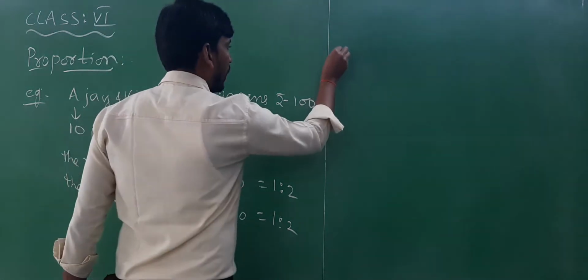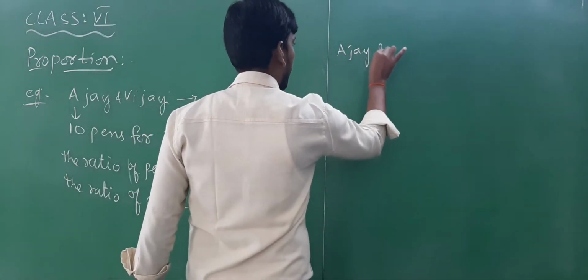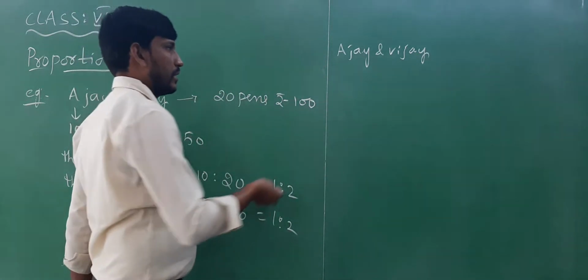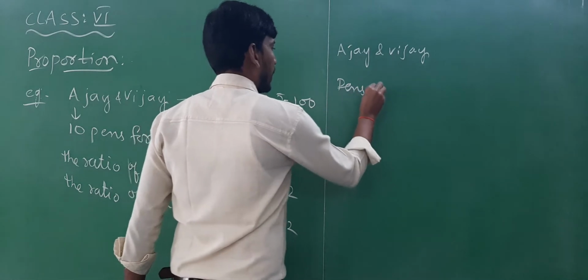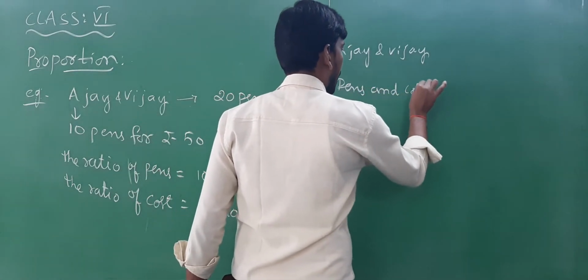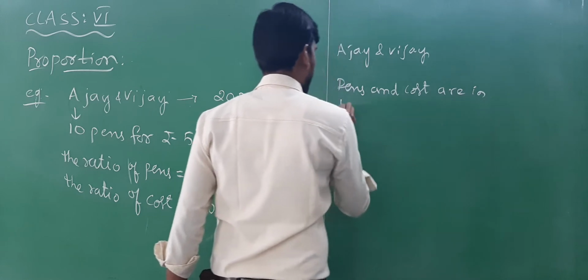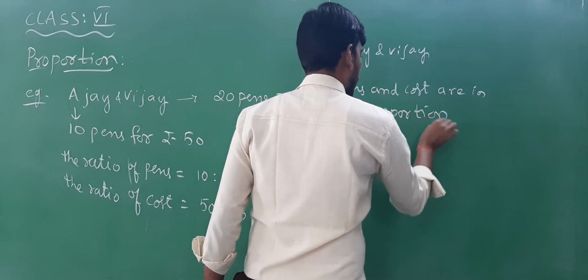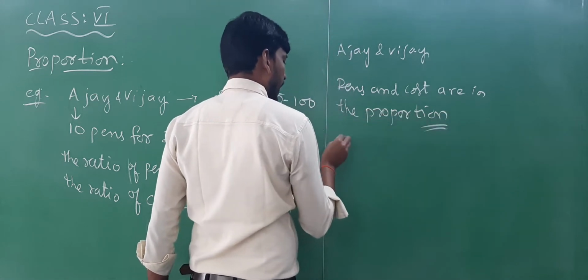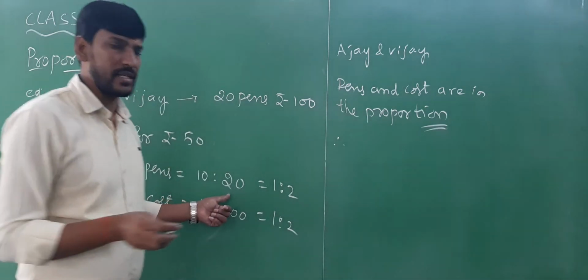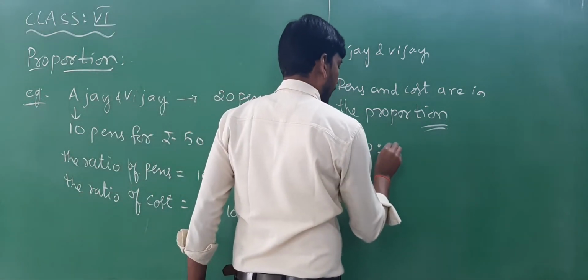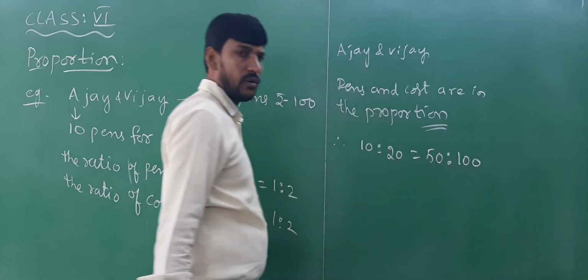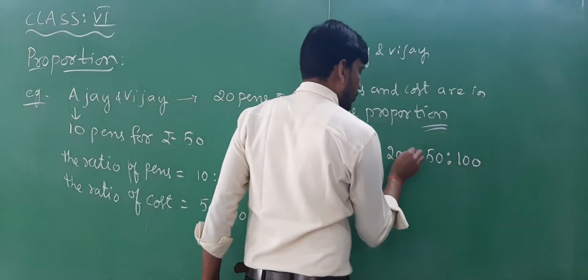So here, whatever pens and cost Ajay and Vijay got are in proportion. Therefore we can write the ratio of their pens, 10:20, is equal to 50:100. Clear children? So here we can say that these two ratios are equal.